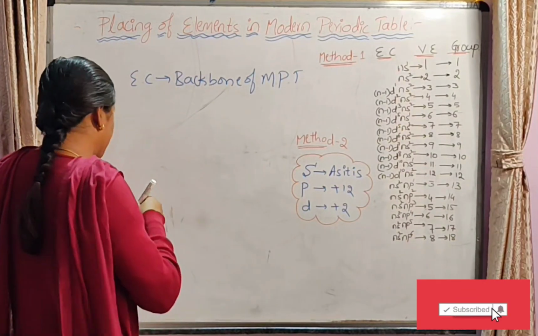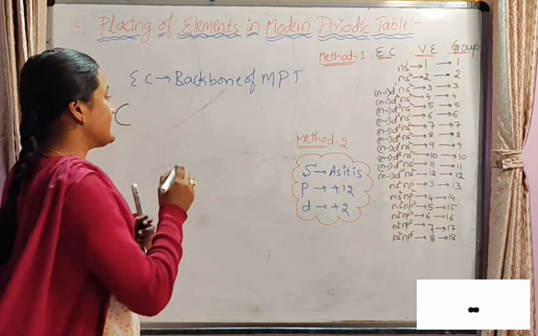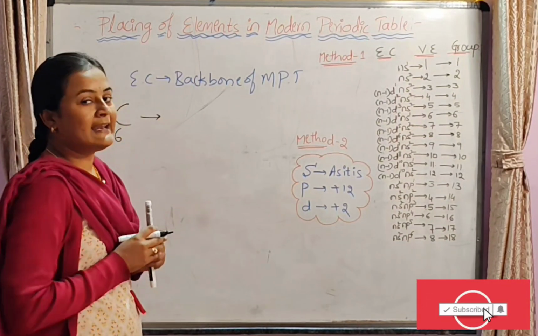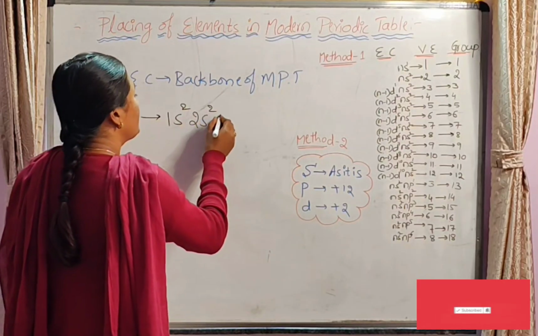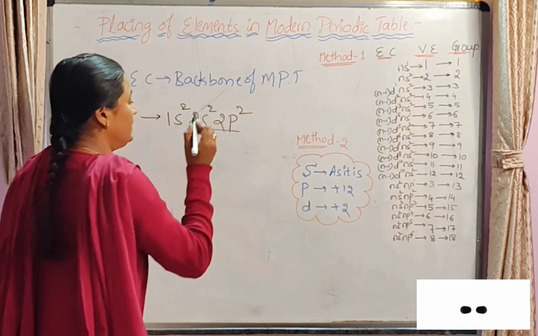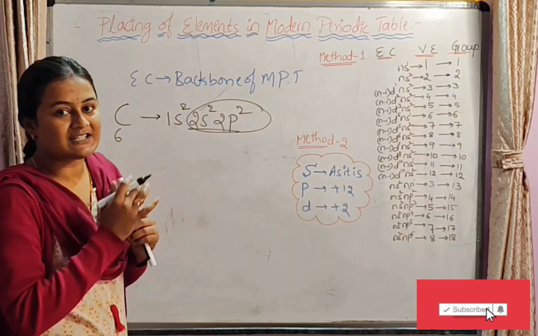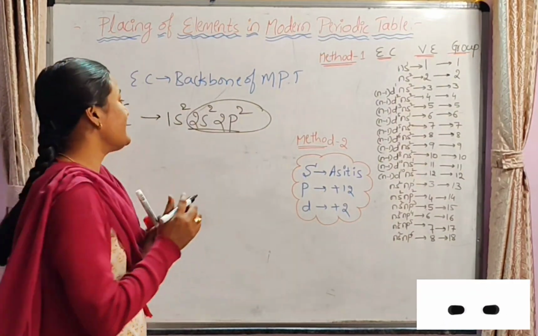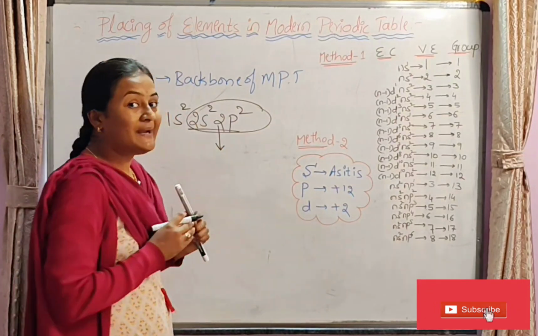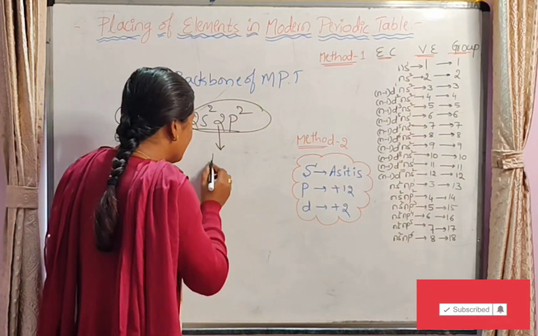First, we take an example: carbon. Carbon has the atomic number 6 and the electronic configuration we write is 1s2, 2s2, 2p2. See here, this is the valence shell configuration, which means the last shell configuration. Here, how to calculate the group number: the largest orbit or shell indicates the period.